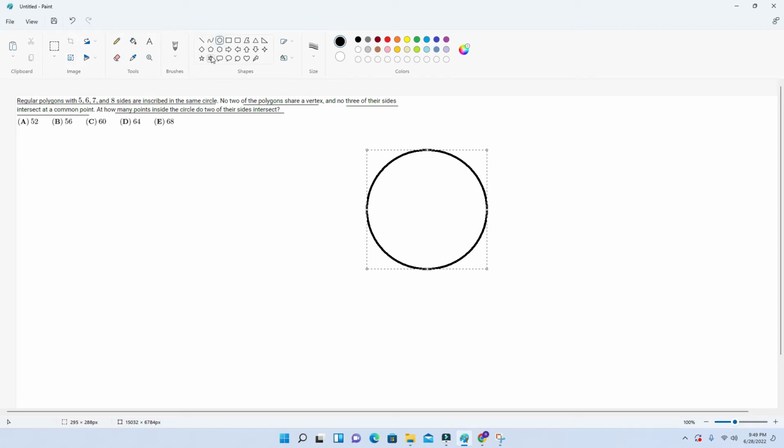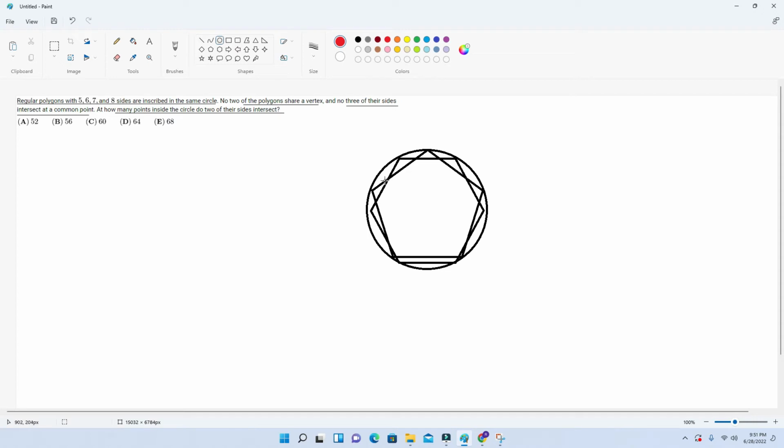So I drew my circle, and now I'm going to draw my pentagon and hexagon such that they don't share a vertex and no three sides intersect at a common point. Okay, so here I've drawn a pentagon and a hexagon overlapping, inscribed in the same circle, such that no two of them share a vertex and no three of their sides intersect at a common point.